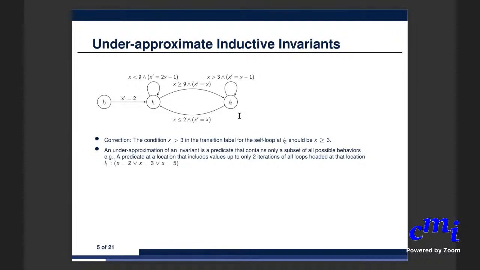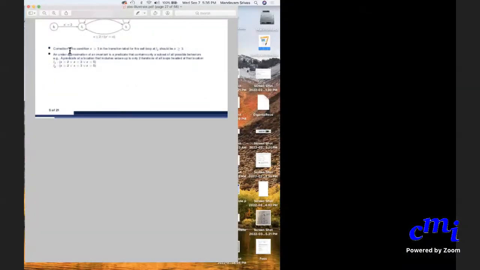Okay, so for example, an under approximation of the strongest inductive invariant that you can compute in the concrete domain is, after 2 iterations, for example, up to 2 iterations, x equal to 2, 3, and 5. Okay, and similarly at location L2, it'll be what is it? Actually, this is wrong.